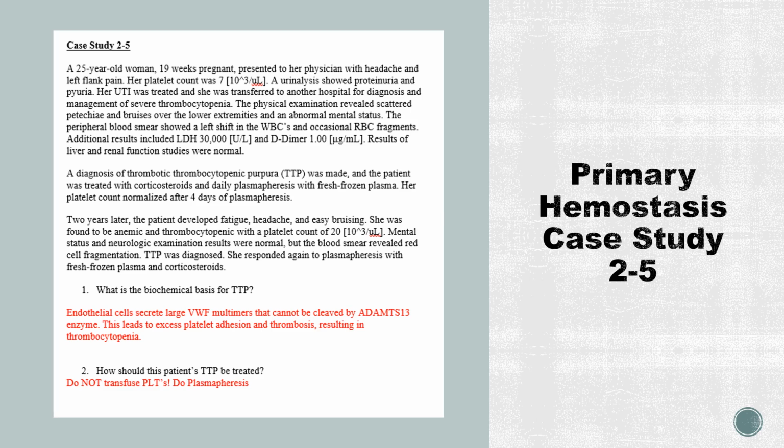And this leads to an excess platelet adhesion and thrombosis, resulting in thrombocytopenia. So this becomes kind of a consumptive disorder, because now we have an overactivation due to those von Willebrand multimers that are normally cleaved by the ADAMTS13 enzyme.